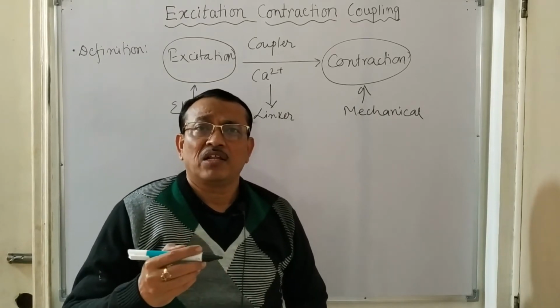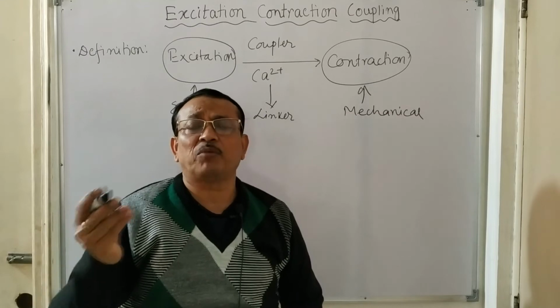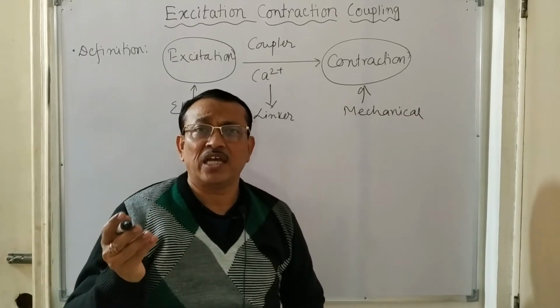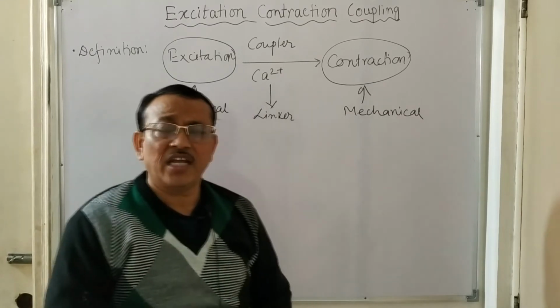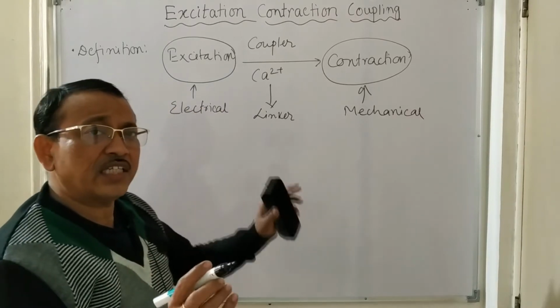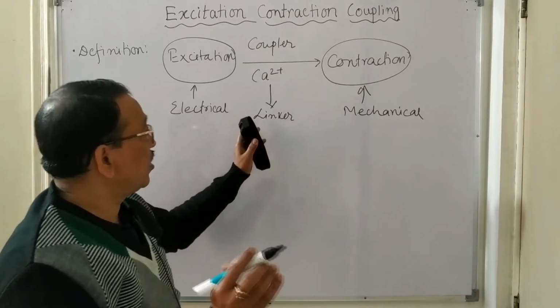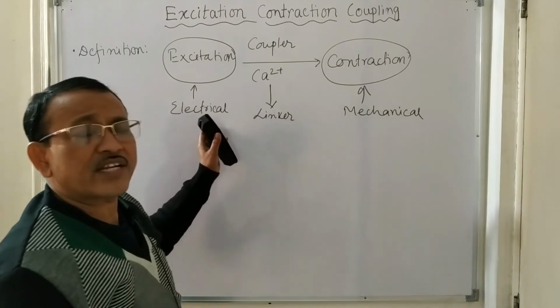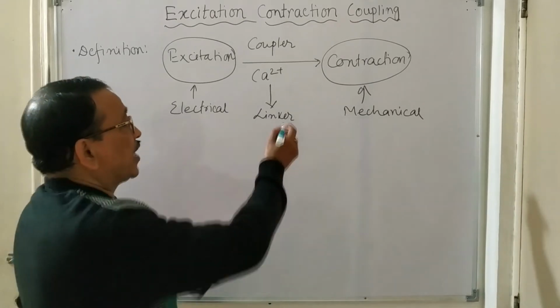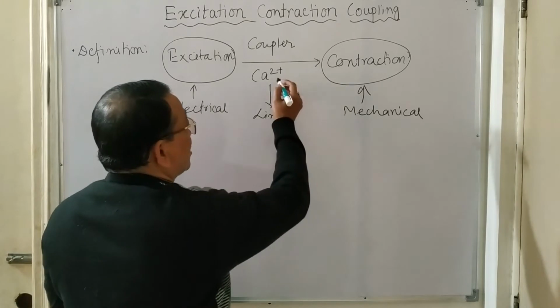So if a muscle is stimulated, then the mechanical event of the muscle, that is contraction, is initiated, and that initiation is linked with the excitation of the muscle membrane by a coupling agent known as the calcium ion.